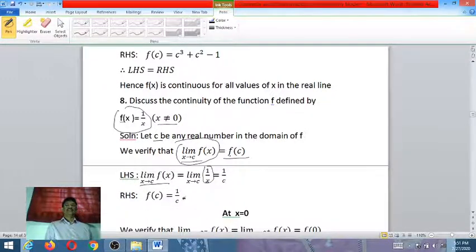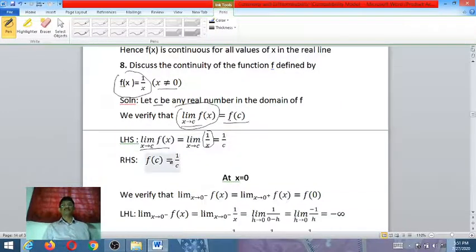Therefore, LHS is equal to RHS. Remember, the conclusion is that f of x equals 1 by x is continuous.